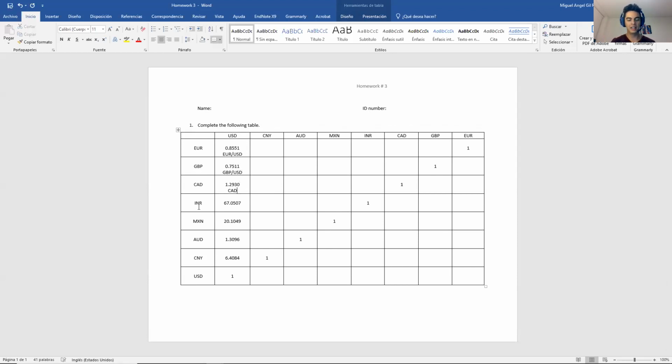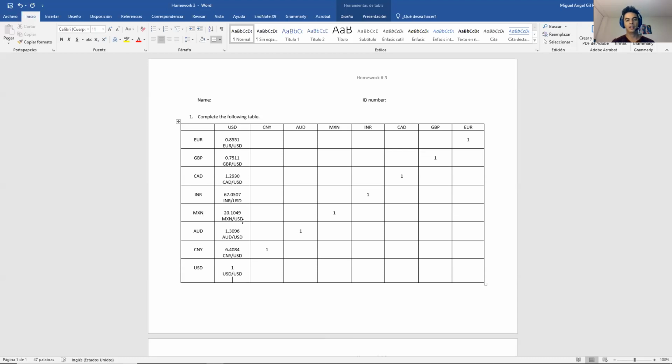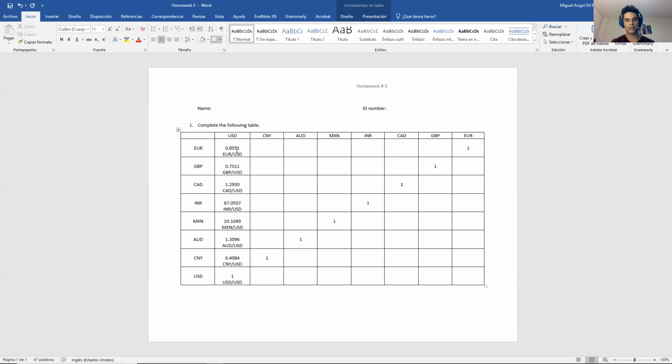And here it's Canadian dollar over American dollar. Then this is the Indian rupee over dollar, Mexican peso over dollar, Australian dollar over American dollar. Then we have Chinese yuan over dollar. And finally, we have dollar over dollar, which is one, right? As you can see, I am asking you to calculate the cross rates of these currencies.